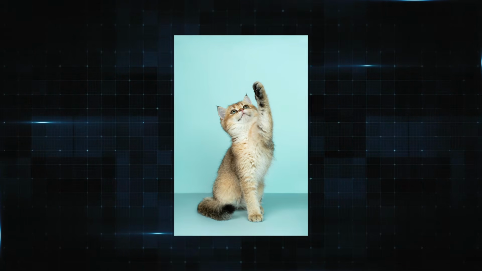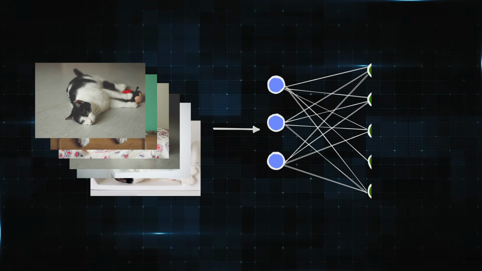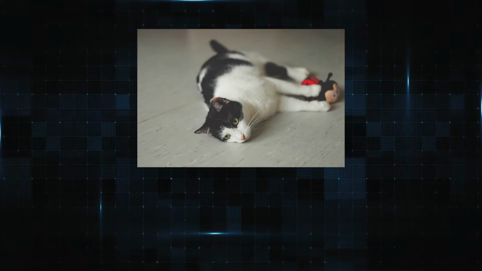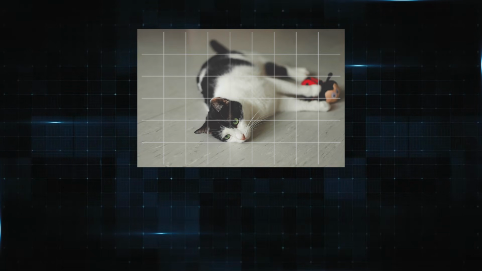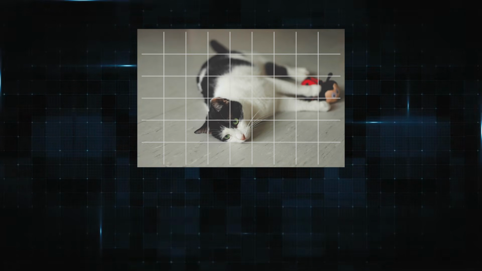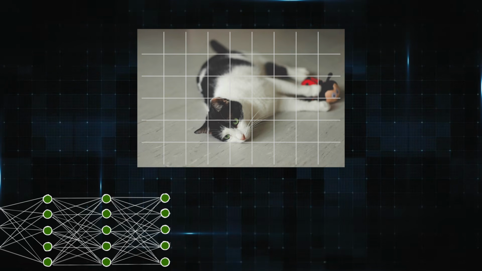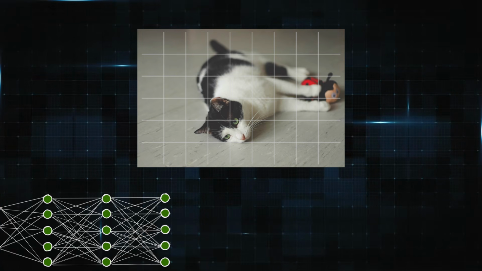Now, let's imagine that you're training a neural network to recognize a cat. You start with a large collection of cat images, which are input into the neural network. Each image is divided into pixels. Once they are input, each layer between the input and the output layer will try to identify features inside the images.